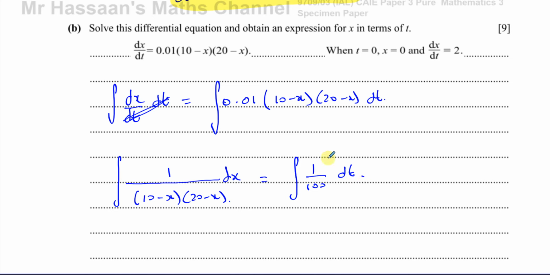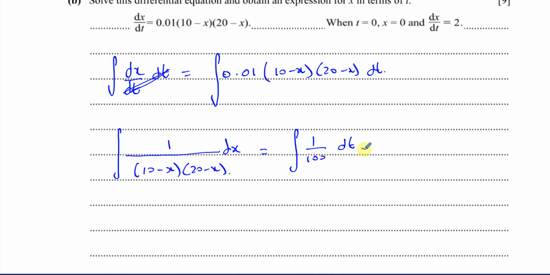On the side that you have the dx, the x terms must go. On the side that you have the dt, the t terms must go. There's no t terms, so you can leave the constant here, but what I think will be easier is to multiply both sides by 100, so this becomes 100 on top here, and then you end up with the integral of 1 with respect to t.